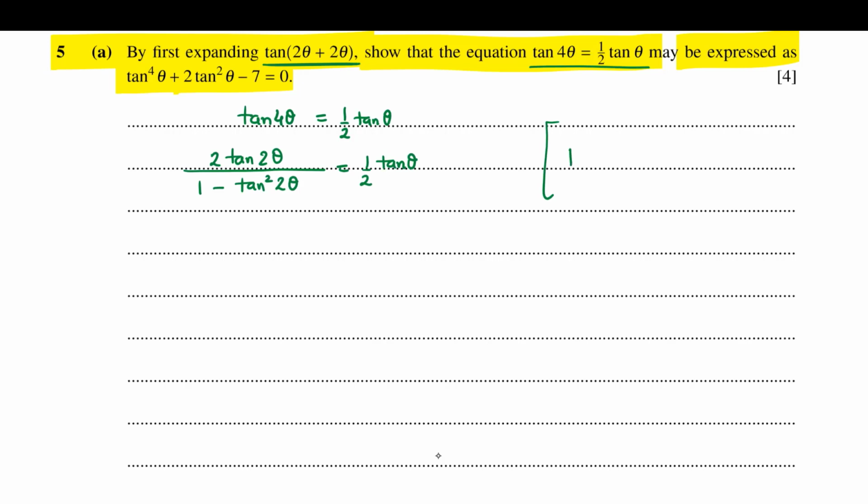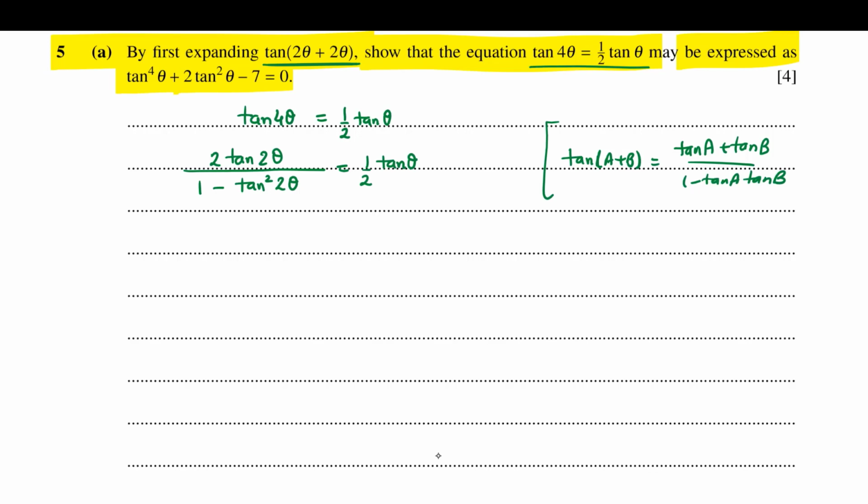I use the identity tan(a + b) is (tan a + tan b) over (1 − tan a tan b). But since tan a and tan b are both tan 2θ, I have written 2 tan 2θ.